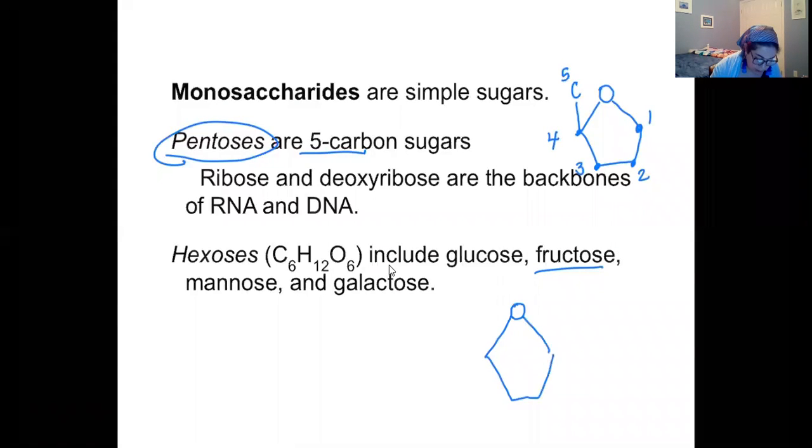It's going to have a pentagon shape. However, so here's carbon, carbon, carbon, carbon. However, there's 2 additional carbon groups, one right here and one right here. So if you count them up, you get 1, 2, 3, 4, 5, 6 carbons, even though it's got that pentagon shape. So just make sure you count your carbons.